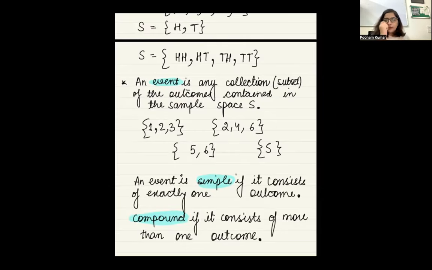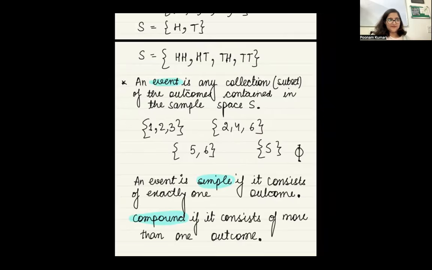Okay, I have a question for you. Can a null set be called an event? Can a null set be called an event? No, ma'am. Why? Because ma'am, if an experiment is conducted, some outcome will happen.